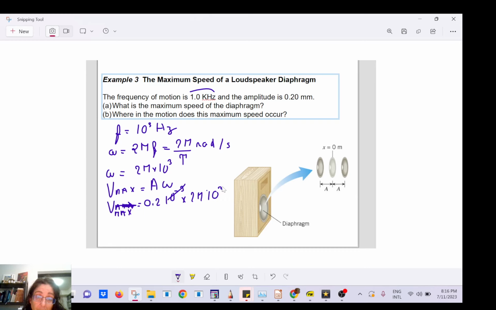So that goes away, because 3 minus 3 is 0, 10 to the 0 is 1. So Vmax, it's going to be 2 pi times 0.2. And what do we get? 0.2, 1.3.